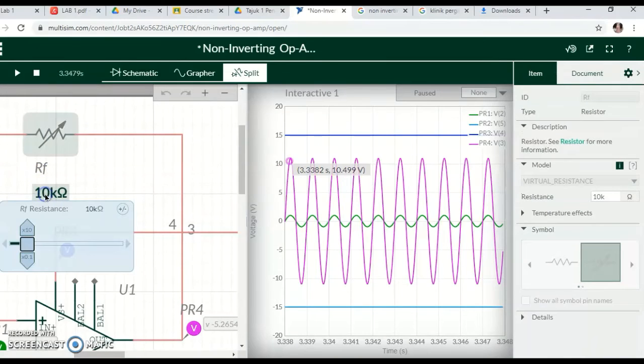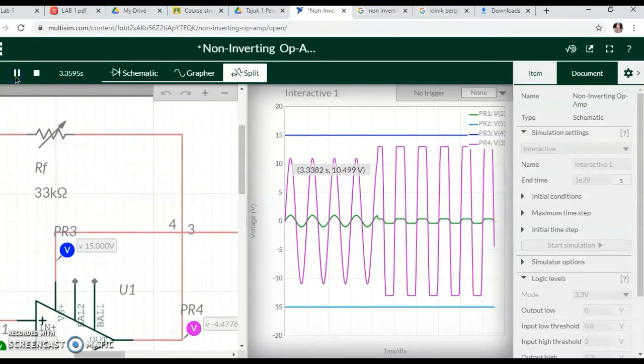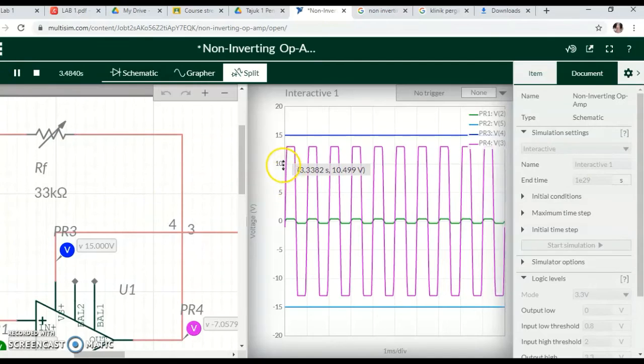Then change to 33 kilo ohm. Then run again. This shows that the signal is clipping because the voltage has a limitation of 15 volt, so it clips.